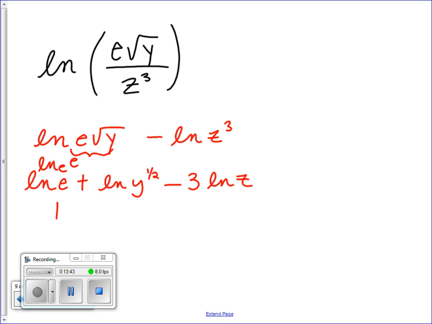Yep. 1 plus. Now where does this 1/2 go? Yup. That's your answer. That is fully expanded and simplified. So anytime it has an e, it'll be natural log. Yes. Yep.